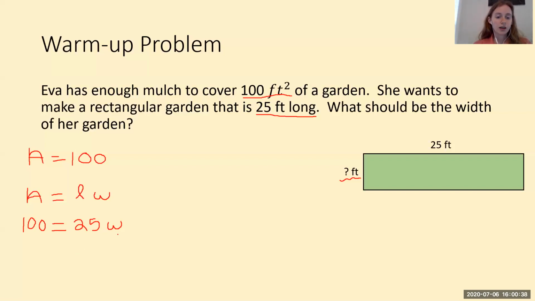So if 25 times something equals 100, then that something is going to equal 100 divided by 25. And 100 divided by 25 is 4 feet. So the width of her garden should be 4 feet. So she's got kind of a long, skinny garden.